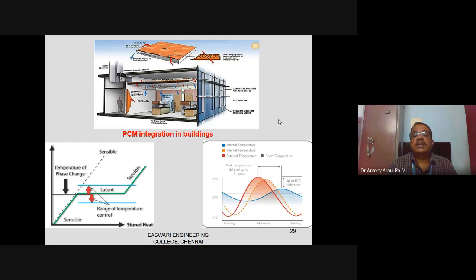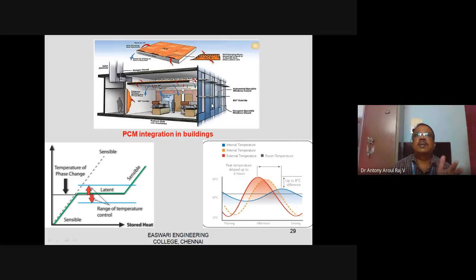So in a PCM integration, why are we integrating PCM in the building? You know that the materials which have high storage values, like concrete or pebbles and other materials, the M into Cp of these materials, or the Cp of this material, will be higher. So naturally, if heat capacity is more, there will be a drop in the temperature, and there will be a shift.